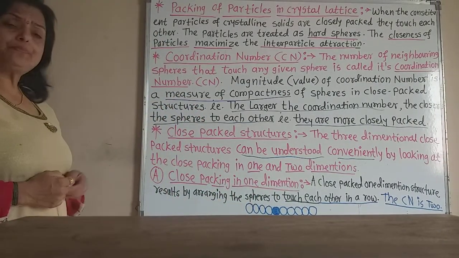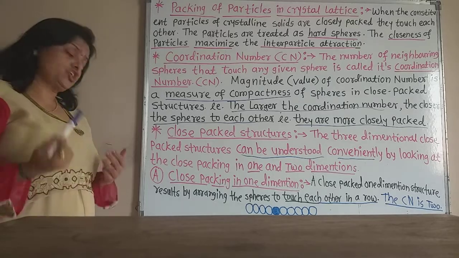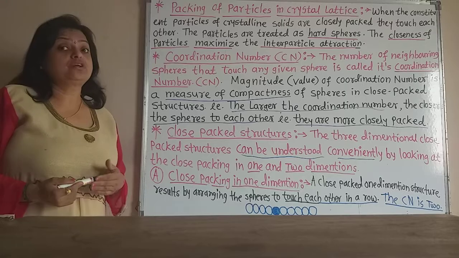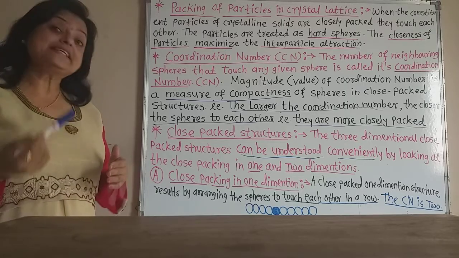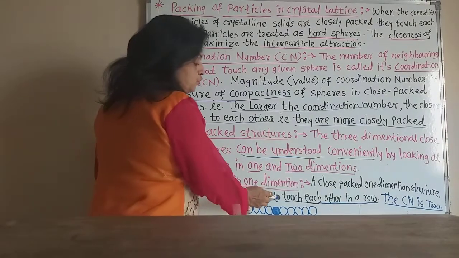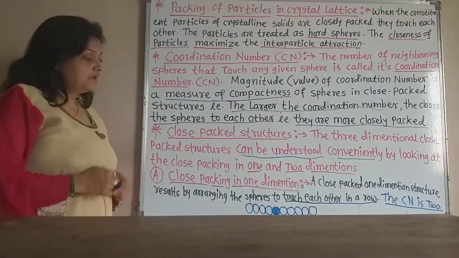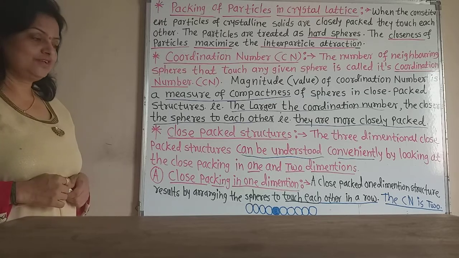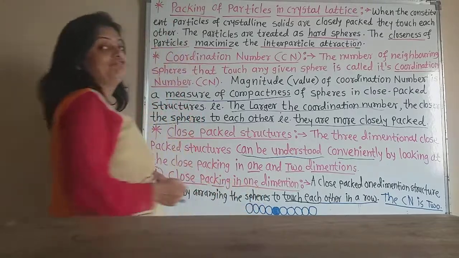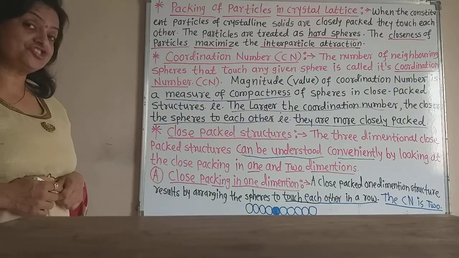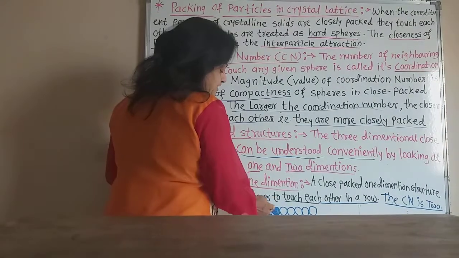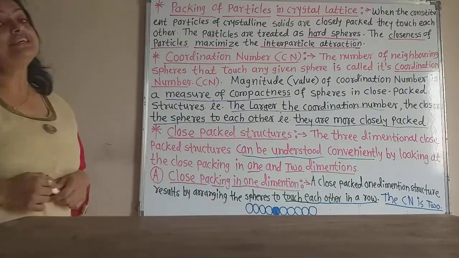A close packed one dimensional structure is obtained by arranging the spheres to touch each other in a row, and the coordination number of the given sphere in a one dimensional close packed structure is 2, because only two neighboring spheres touch the given sphere.